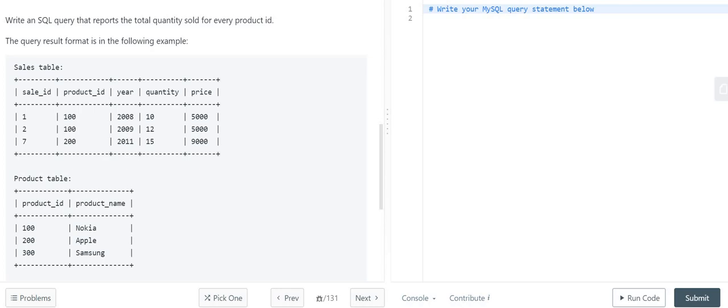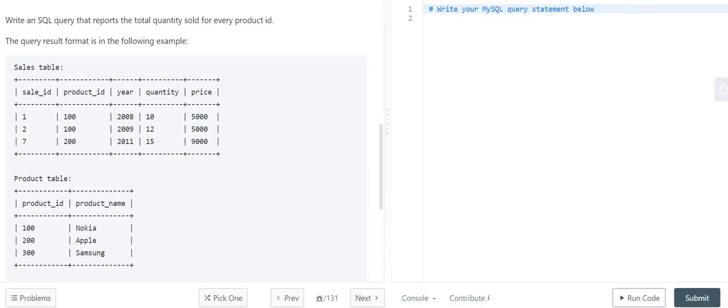So the total quantity of Nokia phones sold so far is 10 plus 12, which is 22, and 200 is another product, which is the Apple product, and in 2011 it had a quantity of 15, which means 15 Apple phones in total were sold.